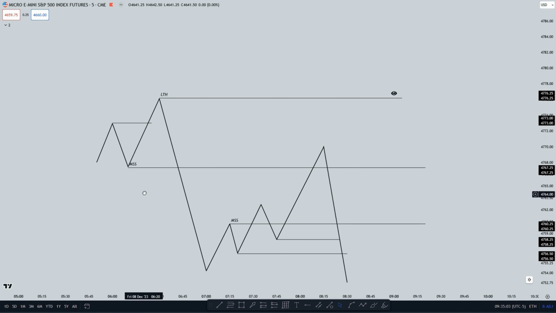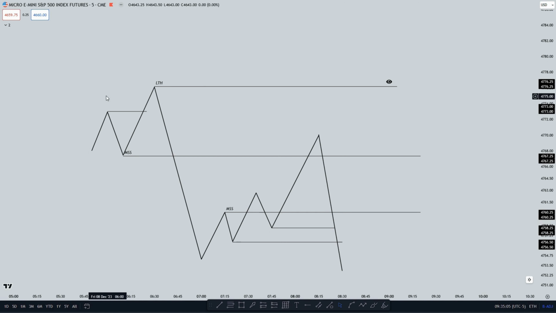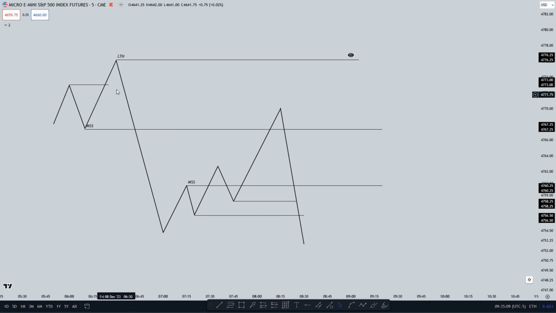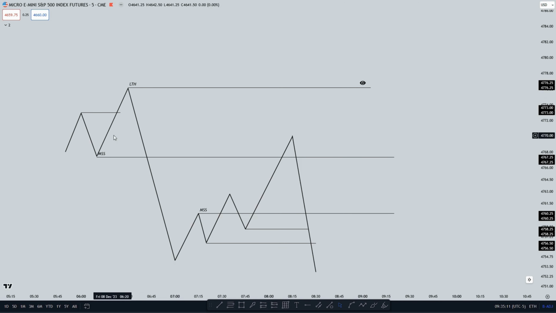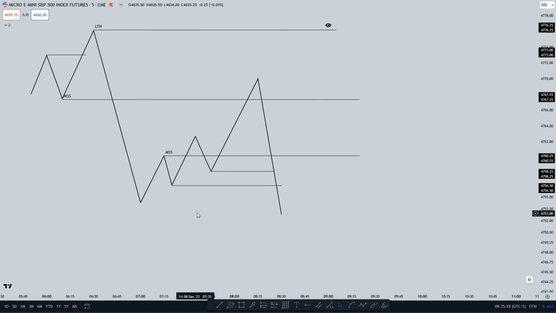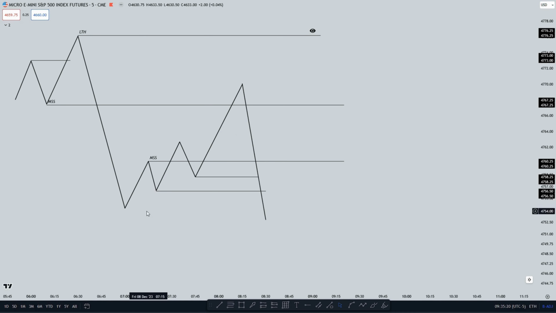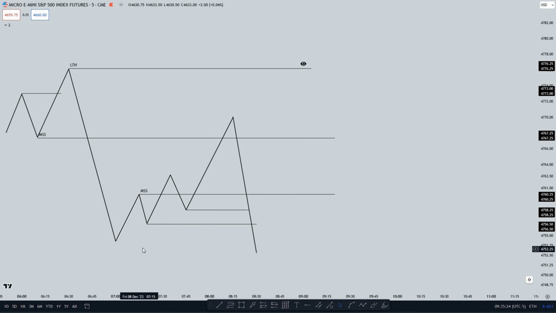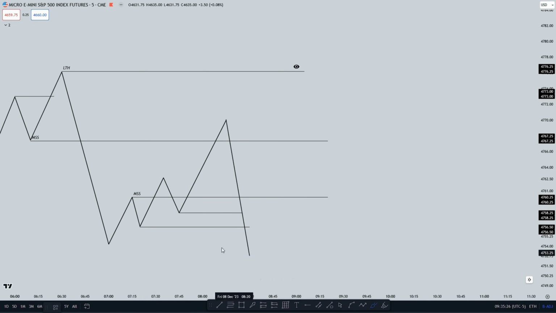Just to clear things up, price comes up and takes out this old high. Then we get a large expansion to the downside, creating a market structure shift, confirming that this high up here is a long-term high. Then price starts to move higher, creating higher lows and higher highs, also making a market structure shift.